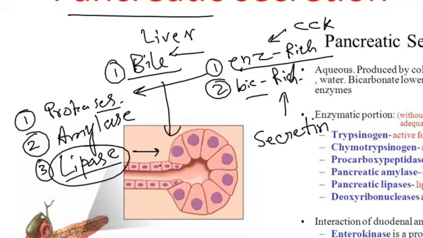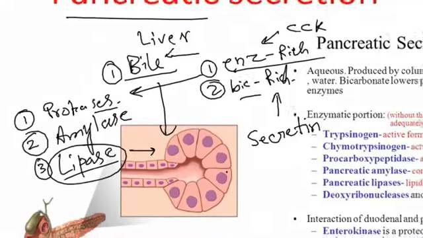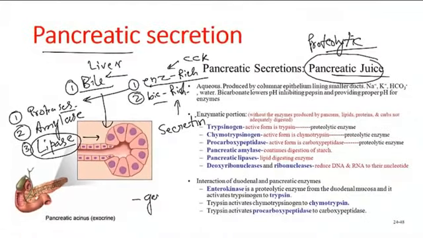Now pancreatic proteases include chymotrypsinogen, trypsinogen and procarboxypeptidase. Whenever we have "gen" attached as a suffix, that means that enzyme is not properly active. These are pre-molecules.